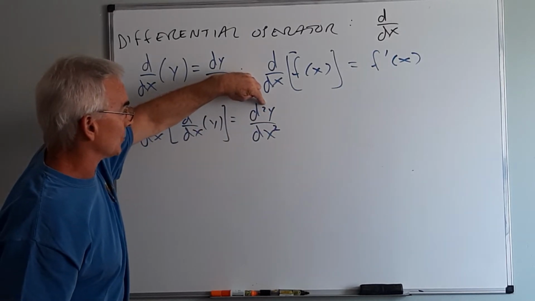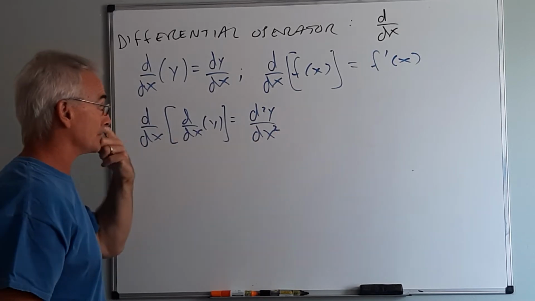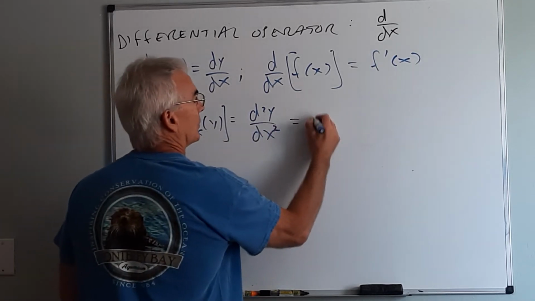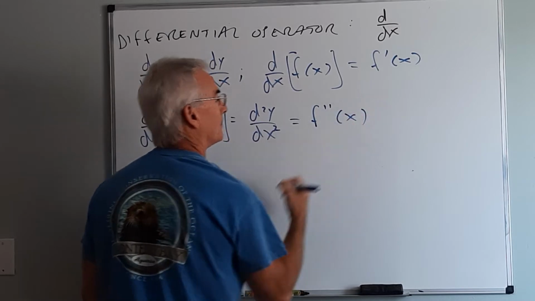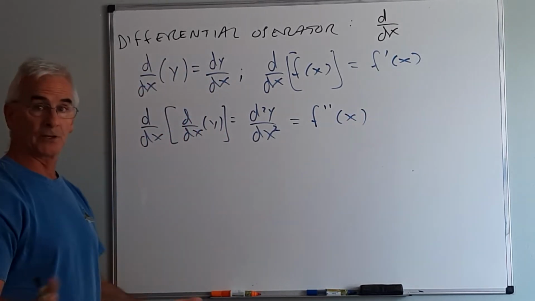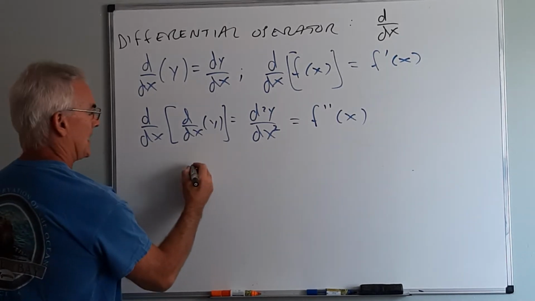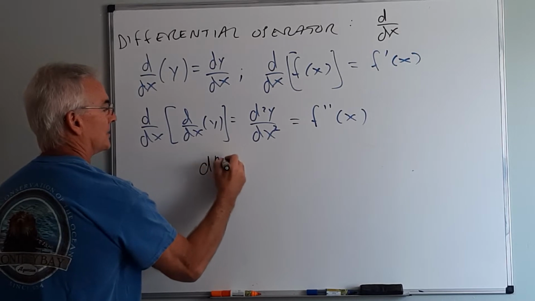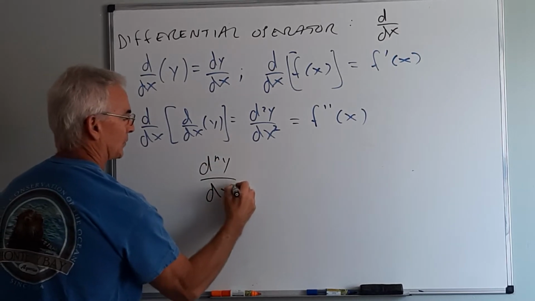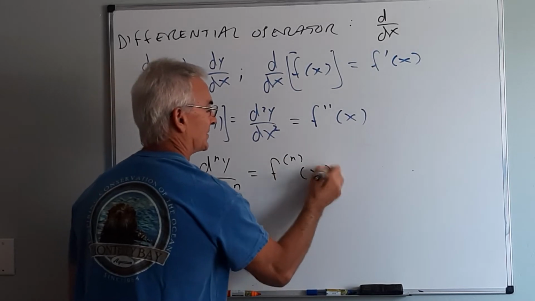That means the second derivative, that means both derivatives taken with respect to x. If I want to use the other notation, I just put a double prime. But if I continue this and I say I want to take several derivatives, like you did, let's say, with a Taylor polynomial in Calc 2, then if I wanted to do n derivatives, I would write it this way. Using the other notation, I would write it this way.